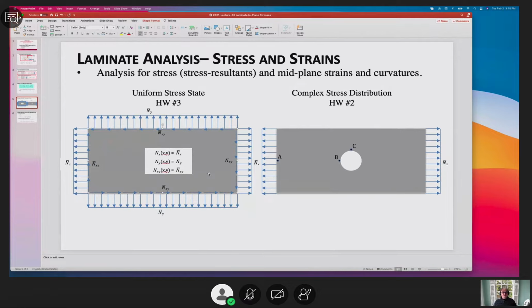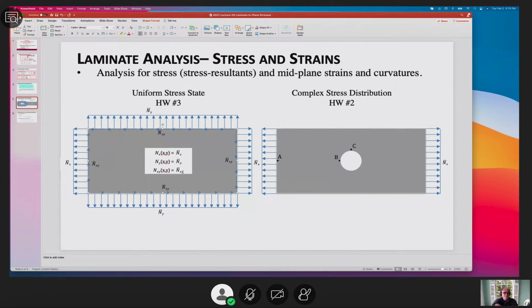But because of the uniformity of everything, no restricting boundary conditions, no internal discontinuities, the distribution of Nx, Ny, and Nxy is uniform and is equal to the applied stresses. Incidentally, this will become our homework assignment that we'll put up today.